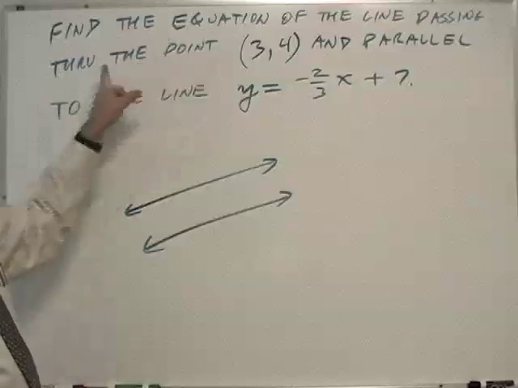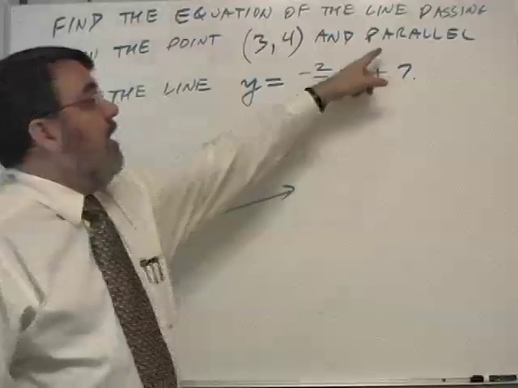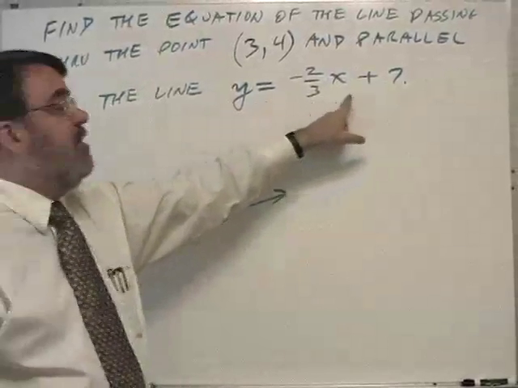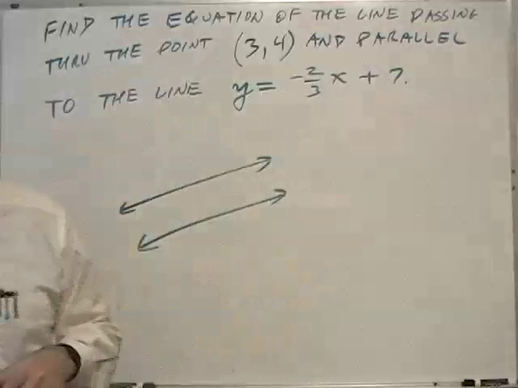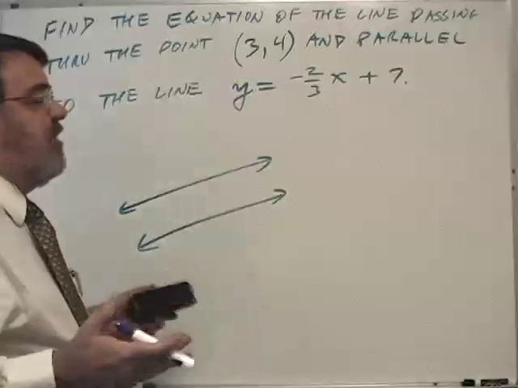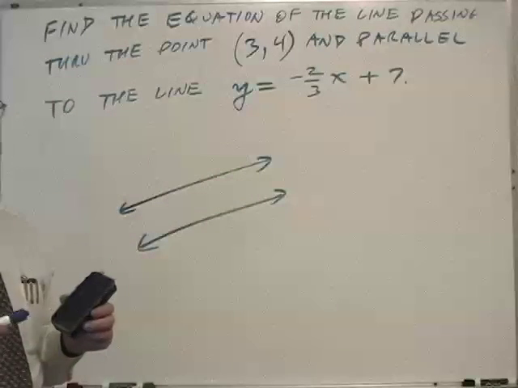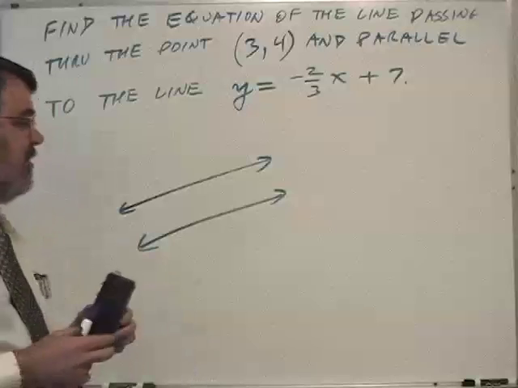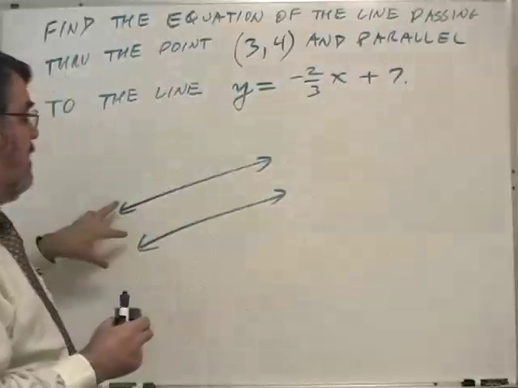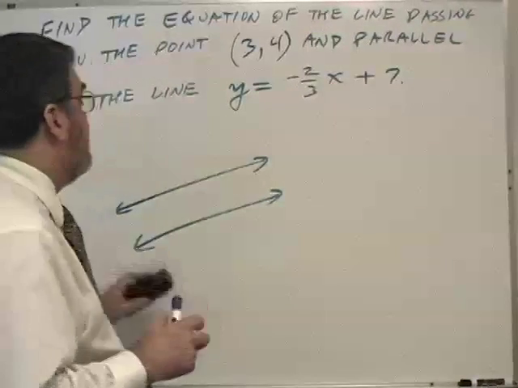Find the equation of the line passing through the point (3, 4) and parallel to the line y equals negative 2/3 x plus 7. So, for our purposes, what are we concerned about? The slopes of parallel lines have to be equal, because if the slope describes direction, then these two parallel lines have the same slope values.